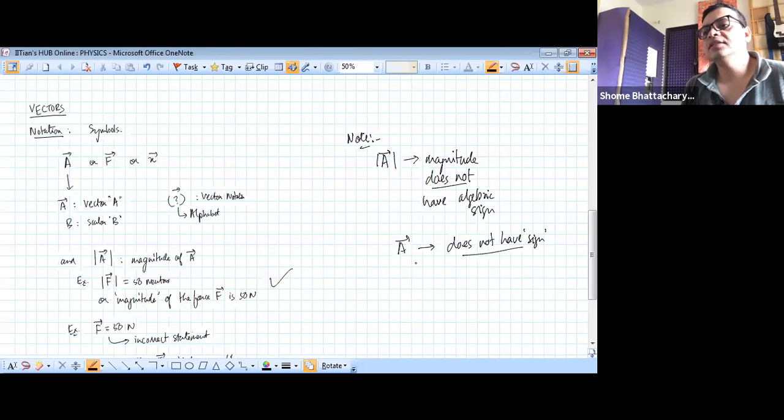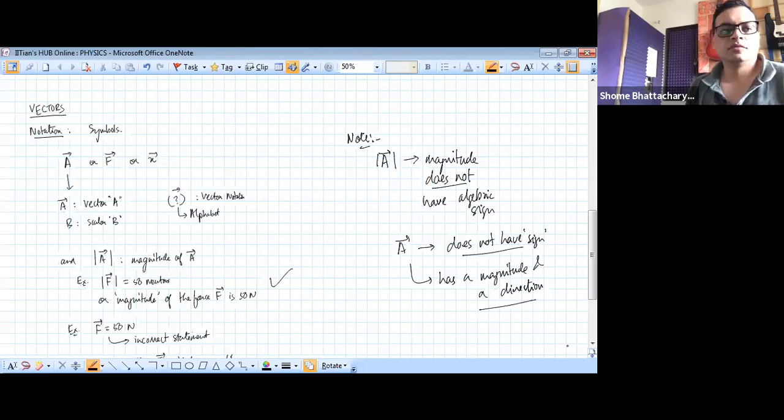It has a magnitude and a direction. So when we ask what the sign of this vector is, the question on its own does not make sense, because a vector is described by two things. It has a magnitude and it has a direction.